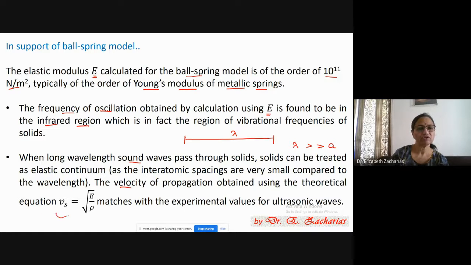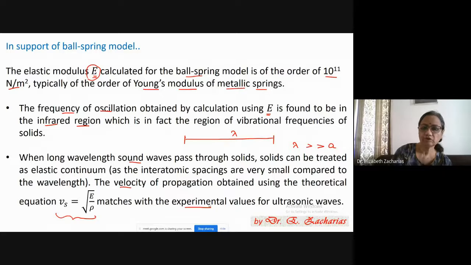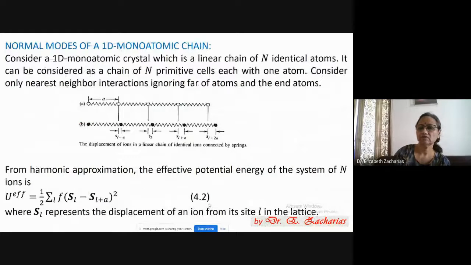The theoretical equation for this is square root of E by rho. If you do a calculation using this E and the rho of the material, you find that it matches with the experimental values of ultrasonic velocities. You can actually do the experiment: you take a material, allow ultrasound waves to pass through, and the velocity you get matches the calculated velocity. So that means our ball spring model is okay. So we can just use this and go ahead and study materials.